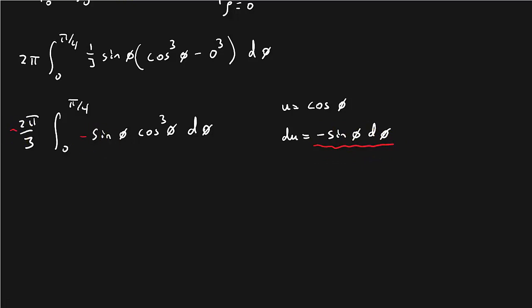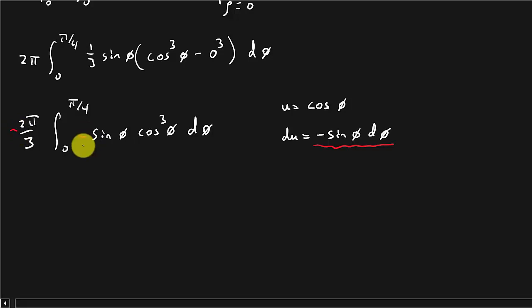Whatever you do on the inside, you got to do the opposite on the outside. If I multiply by -1, I got to multiply by the reciprocal of -1, which is just -1. So this is going to be negative 2 pi over 3 times the integral of u cubed du when we make the substitution.